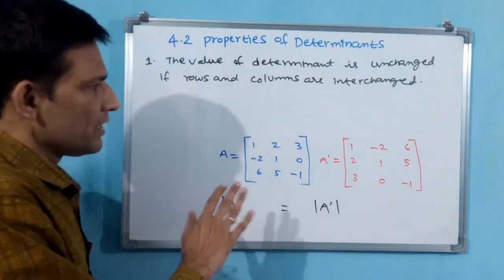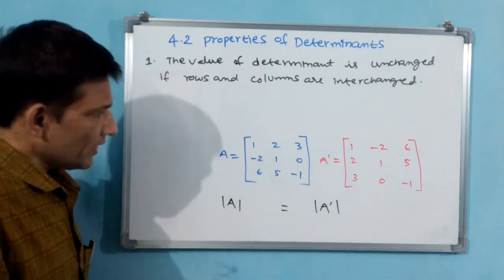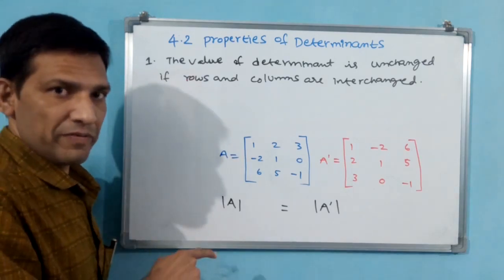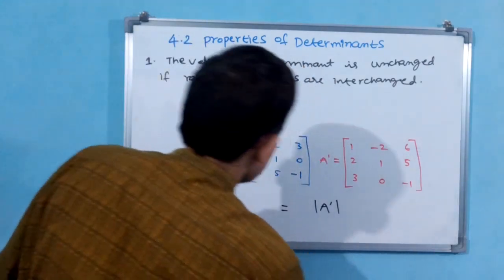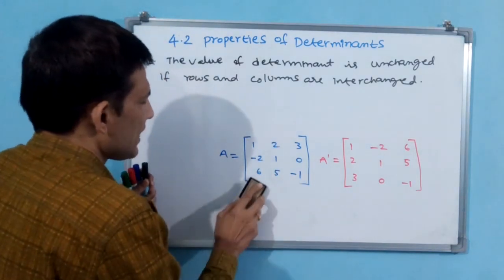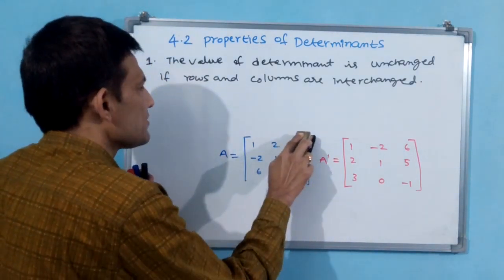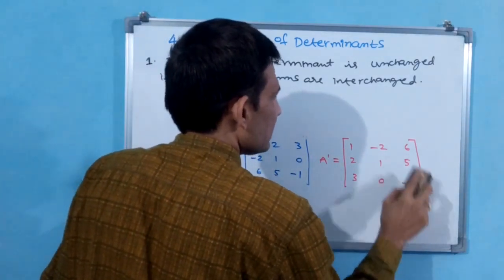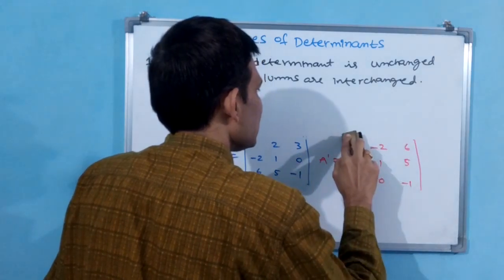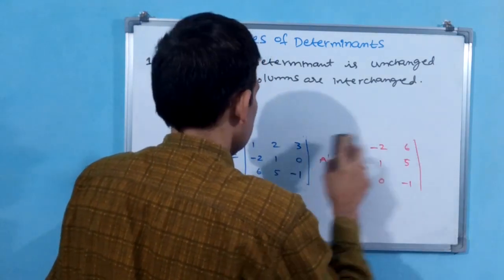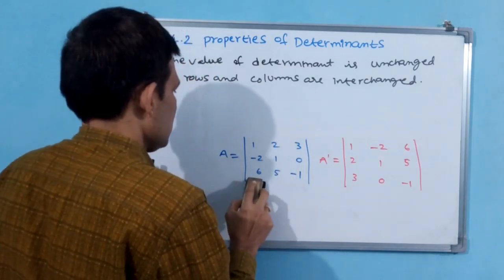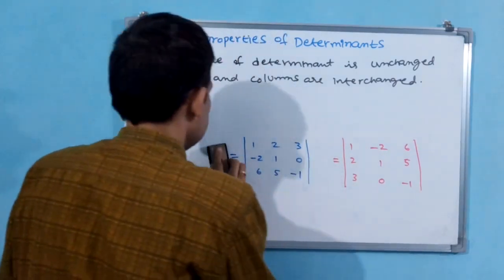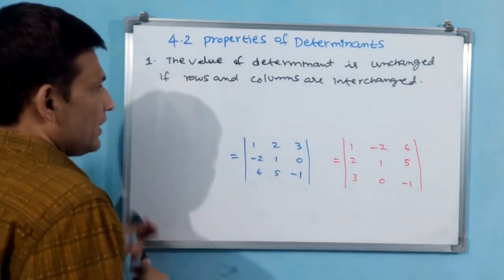Now you see what I am going to do. I am changing this into a determinant, and let us see this property verification. Then we go for the proof.